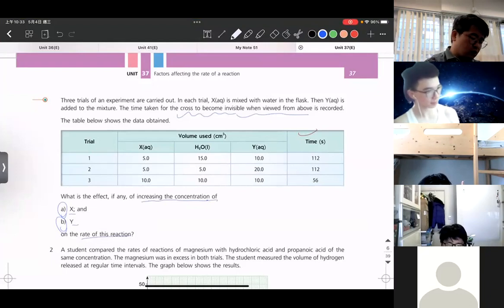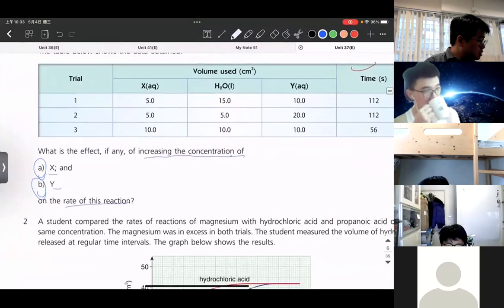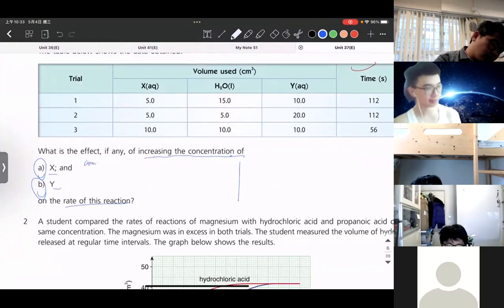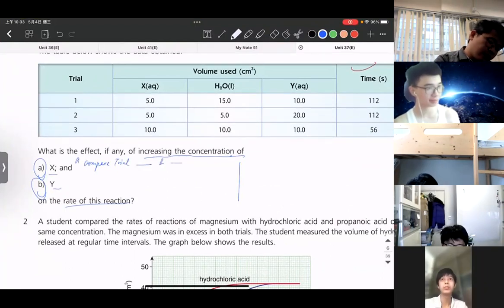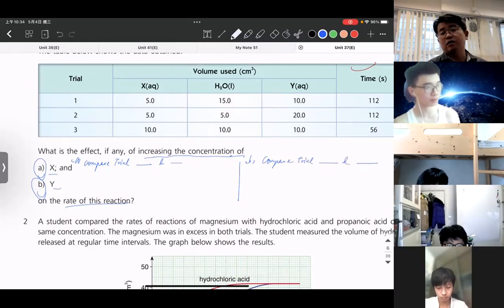Do you understand? So, for example, X, I start from this one, you are going to compare trial what and what, and you can get the answer for A. For B, you do the same. You compare trial what and what, and you can get the answer. Do you understand the whole flow?